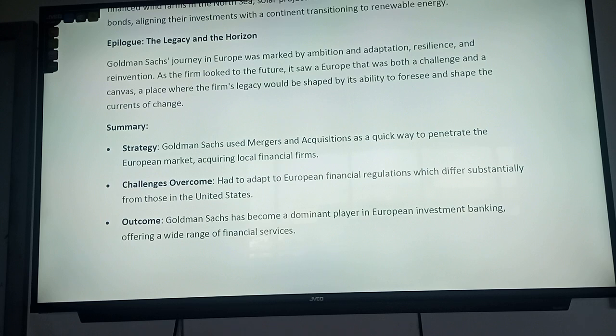They had to adapt to the European financial regulations, which differ substantially from those in the United States. Their culture was quite similar, yet the regulatory environment is very diverse. The outcome is that Goldman Sachs has become a dominant player in European investment banking, offering a wide range of financial services in the market.